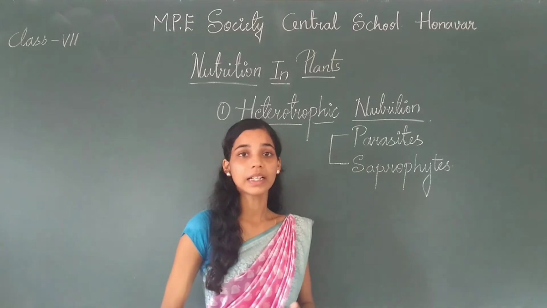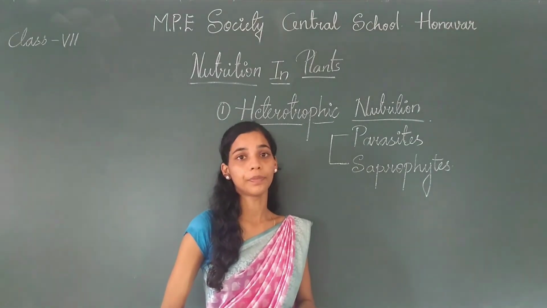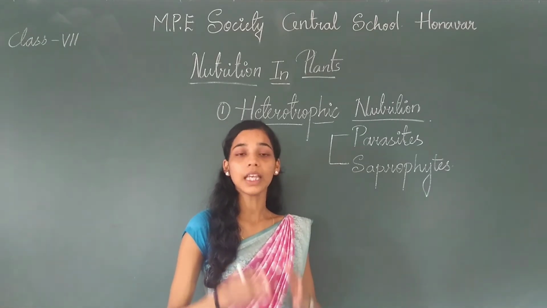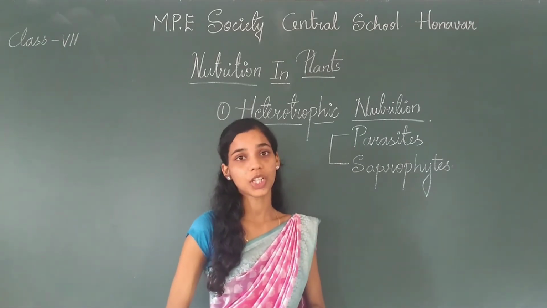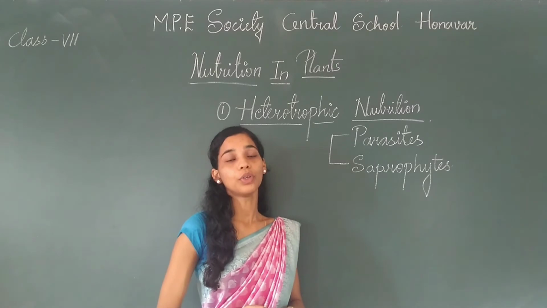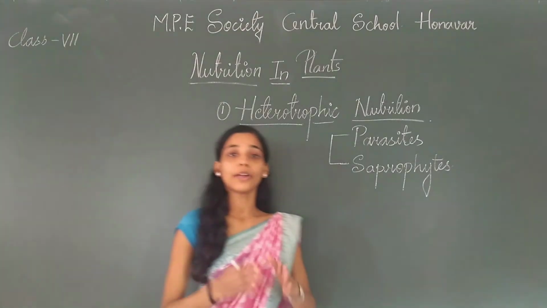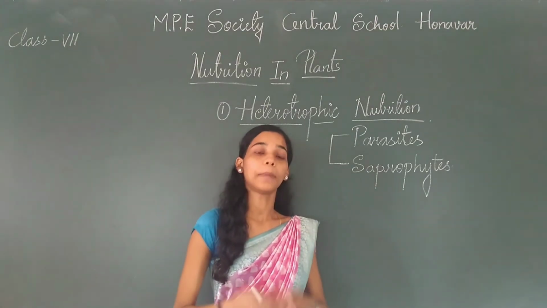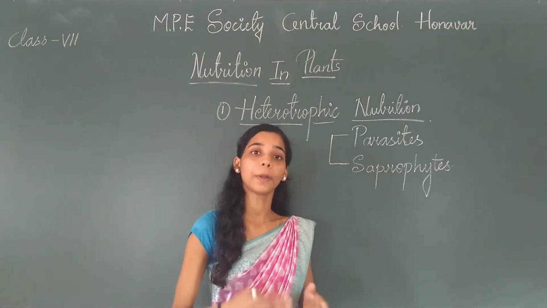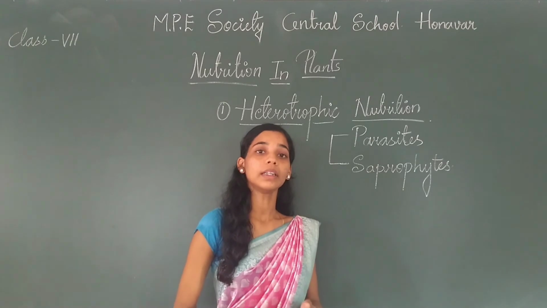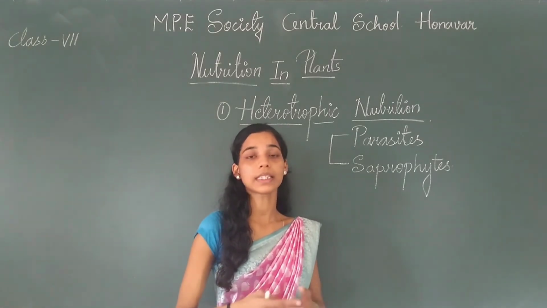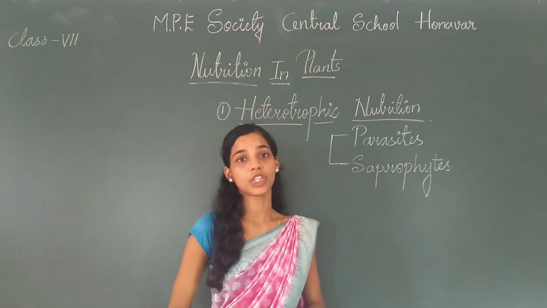But there are some plants which do not have chlorophyll, so they cannot prepare their own food, and they follow another mode of nutrition, the heterotrophic mode. Heterotrophic nutrition means plants or animals cannot prepare their own food, but are dependent on others for their food.